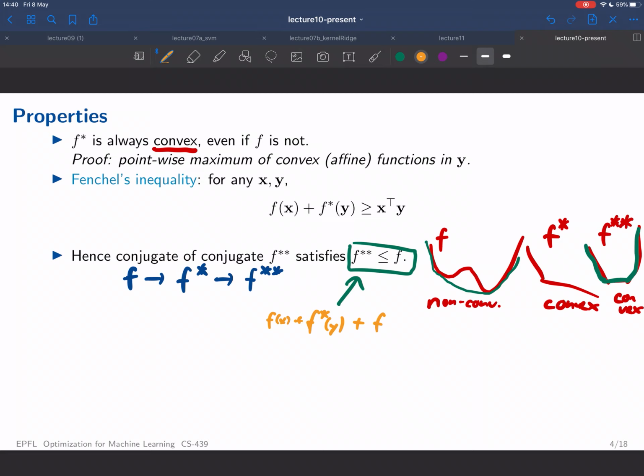So now you add the double conjugate of x. Okay, so this thing, you know, is at least x times y.